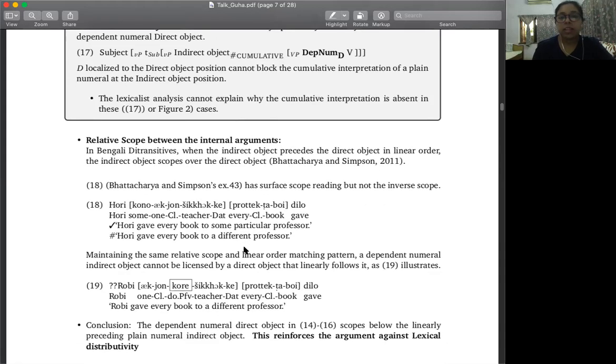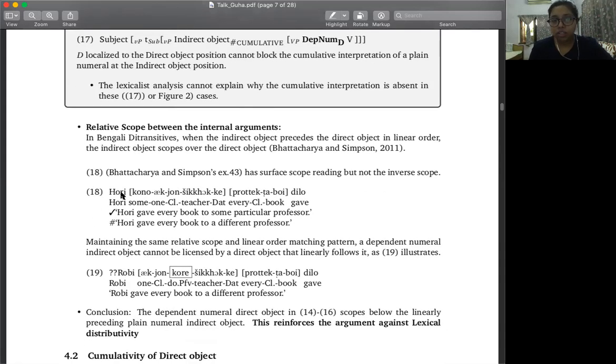So 18, Hori kono ekjon shikkhokke prottekta boi dilo, only has the surface scope reading, which is Hori gave every book to a particular professor, but not the inverse scope, which is Hori gave every book to a different professor. So the indirect object, some professor, scopes over the direct object, every book, and not the other way around.